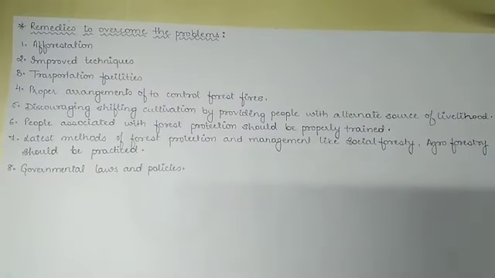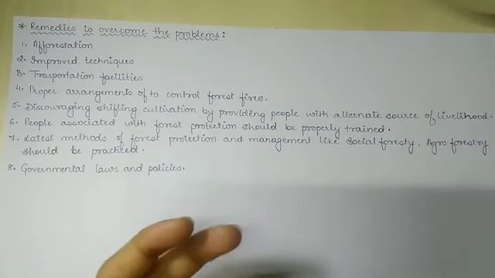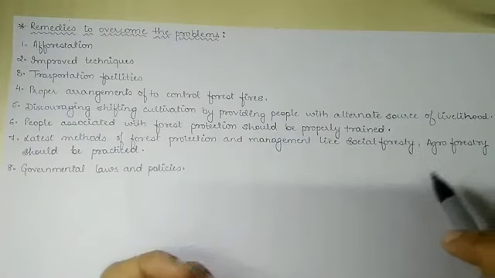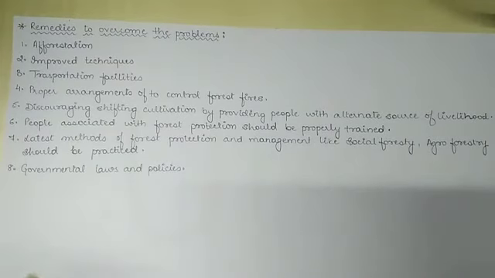Okay. The latest methods of forest production and management should be used, like social forestry and agroforestry, that should be practiced. We have already discussed social forestry and agroforestry in our environmental geography, so the detailed discussion is there.